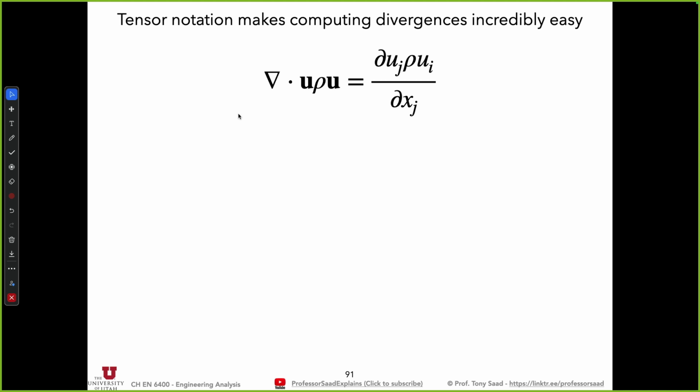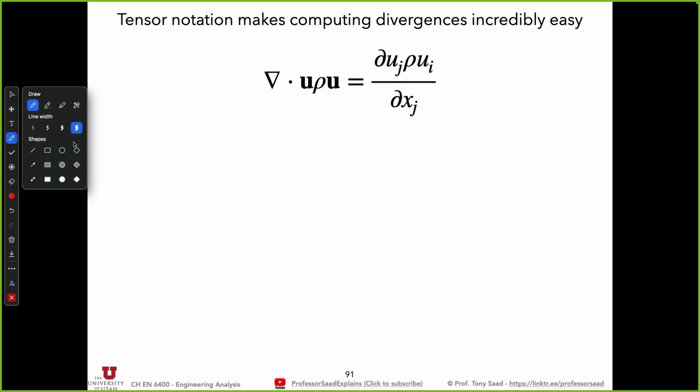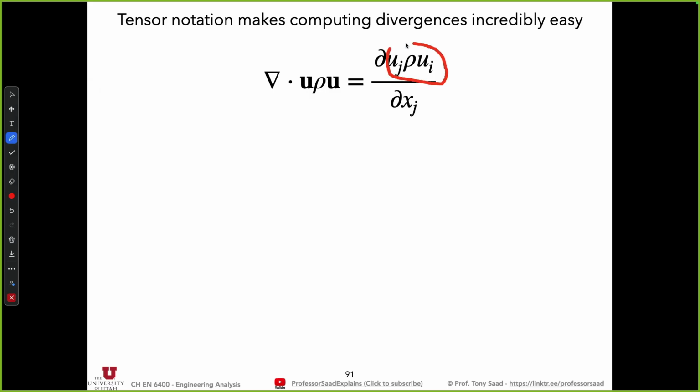Okay, the divergence of the advection tensor is given by this index notation, and I'm going to spend some time explaining this. It's the partial derivative of uj rho ui, which we just learned. Uj rho ui is the advection of the i component of momentum in the j direction, but differentiated with respect to xj.